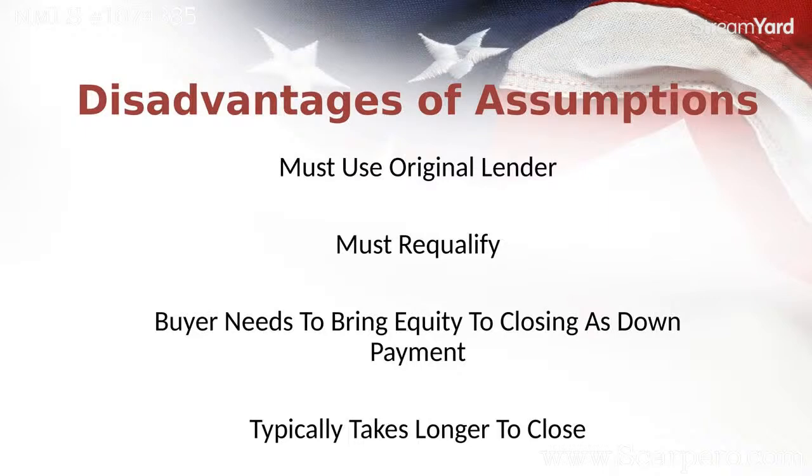And then this is a really interesting one that we've found out through our research from several people I talked to. It typically takes longer to close. Now, you may be wondering, why the heck does an assumption take longer to close? Isn't it less paperwork? And it actually is less paperwork. The problem is on the lender side, there's actually no money to be made, because there's no origination fee. There's no loan officer excited about making a commission check.